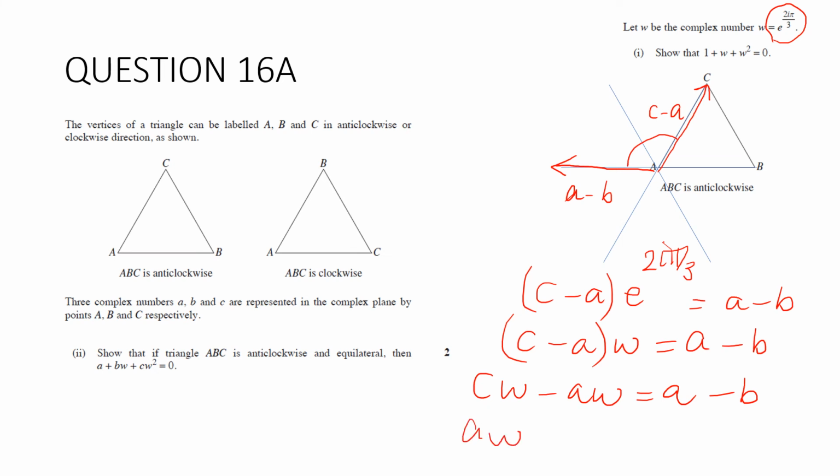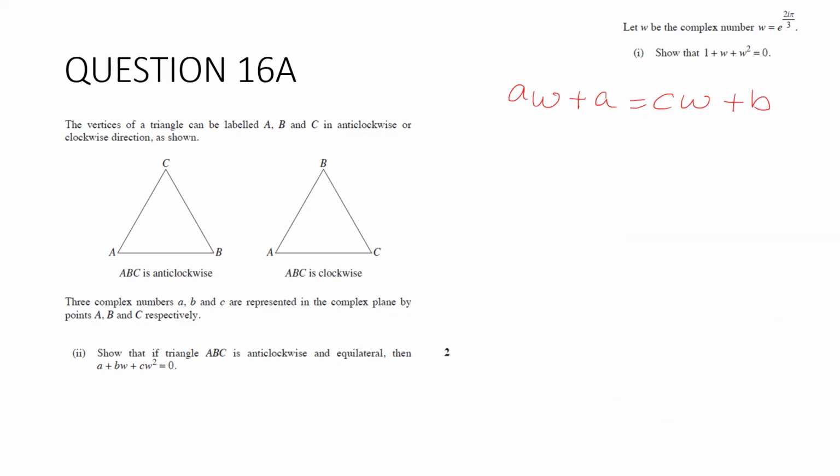Aw plus A is equal to Cw plus B, which means that A in brackets w plus 1 is equal to Cw plus B, and we proved in part 1 that 1 plus w plus w squared is equal to 0, and so 1 plus w must equal negative w squared.